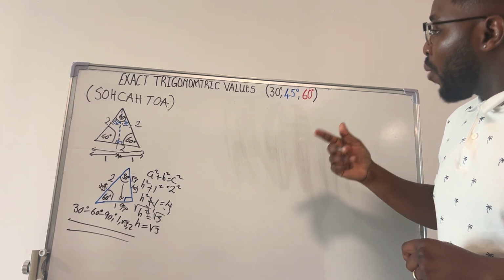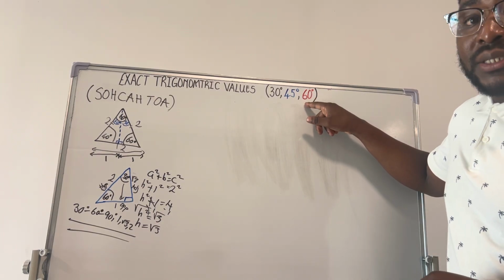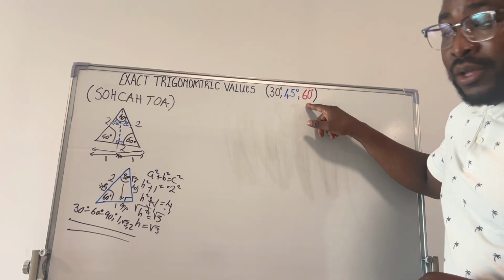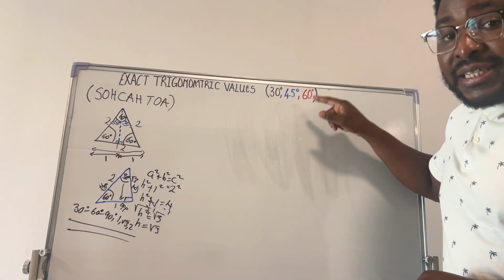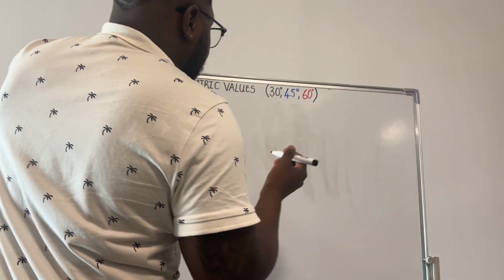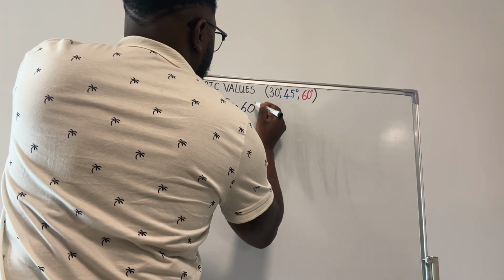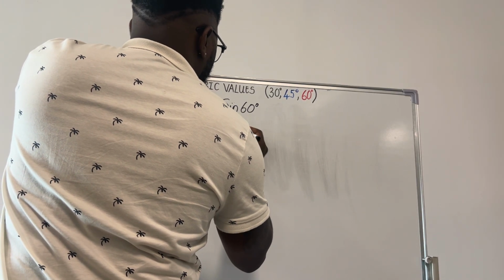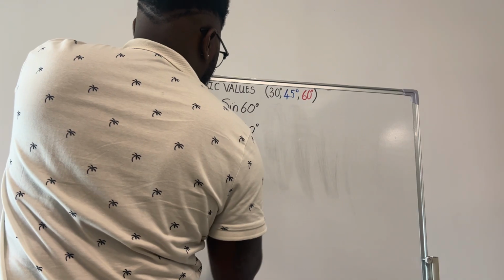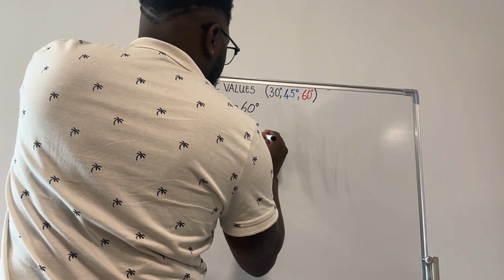It's because I want us to now find the exact value of what? Of sine 60, cos 60, and tan 60. Yes? So now we are finding the value of sine 60, yes, cos 60, and tan 60, right?